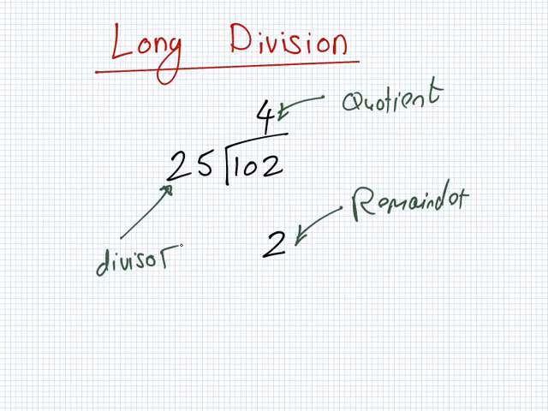Quotient. You know what? I never actually give the 102 a name. I wonder if it even has a name. It's funny because I don't actually give this a name because I don't care about this. I care about this and I care about this.